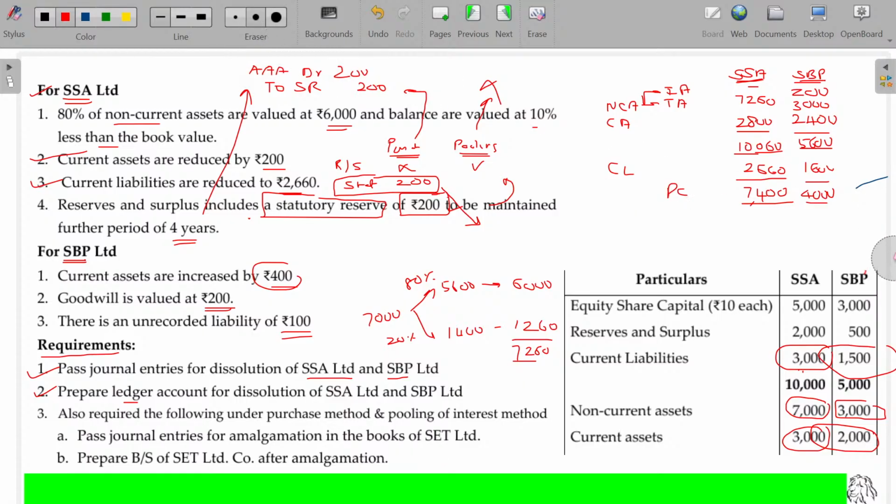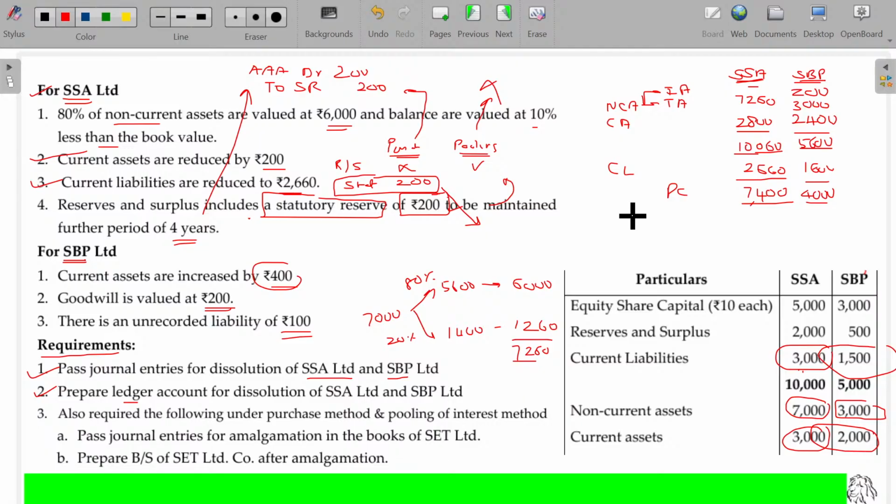How many equity shares are going to be offered?